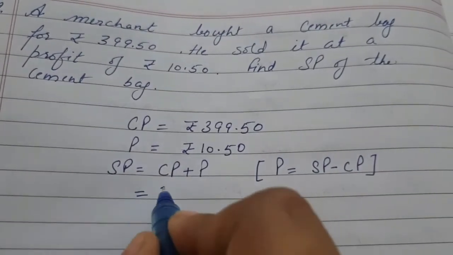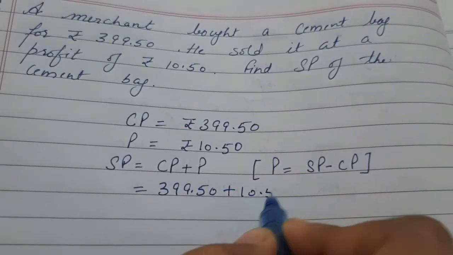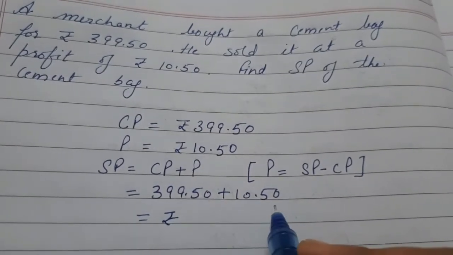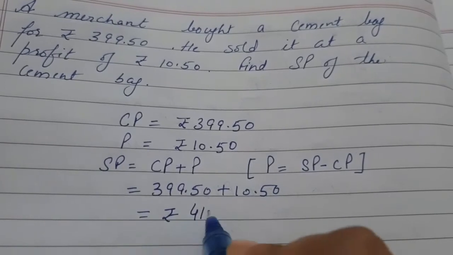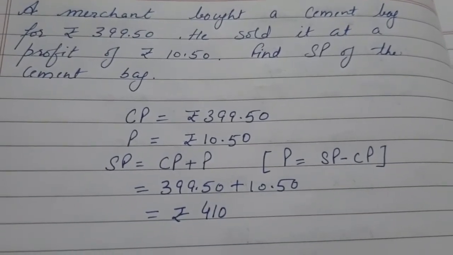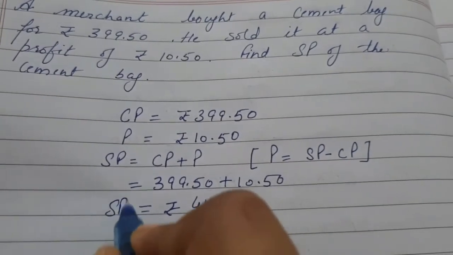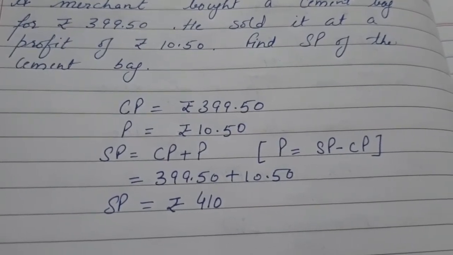So let us add it up. 399.50 plus 10.50. When you add it up, you will get 410 rupees. So selling price will be 410 rupees. I hope you understand this. So basic first formula we are using here.